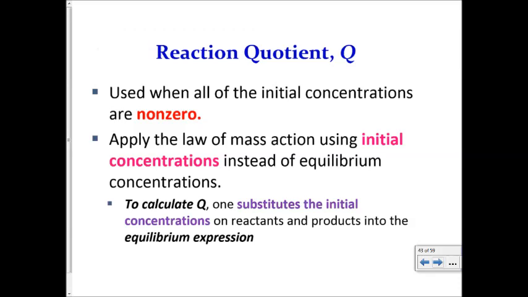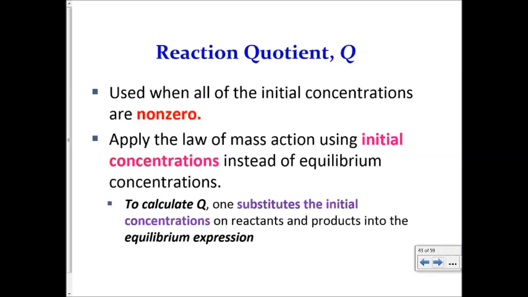All right, reaction quotient. The reaction quotient is used when you have initial concentrations that are non-zero. Because if something starts out at 0, you know which way it's going to go in order to start establishing equilibrium. So these are when you have the concentrations of everything, but they aren't starting out at 0, and you have to figure out which way it's going to shift to establish equilibrium.